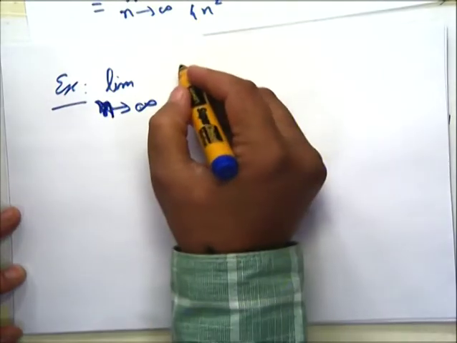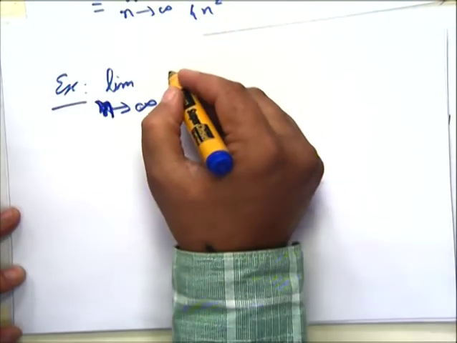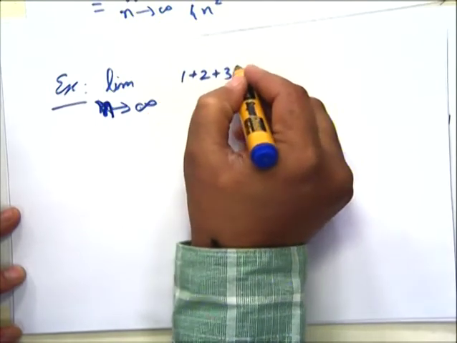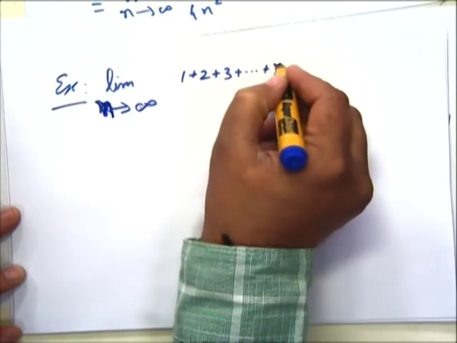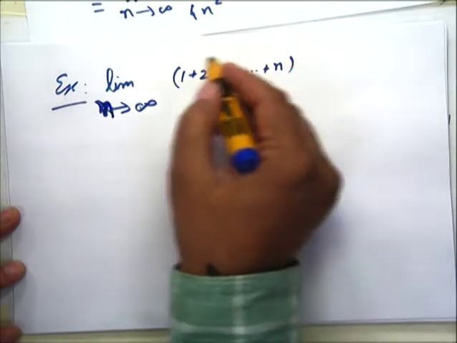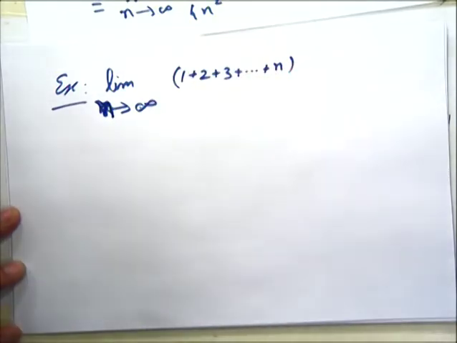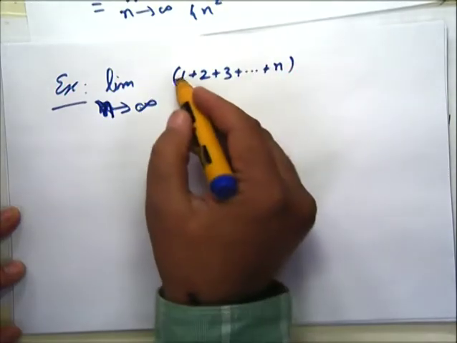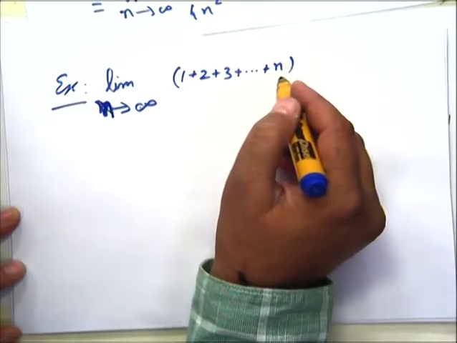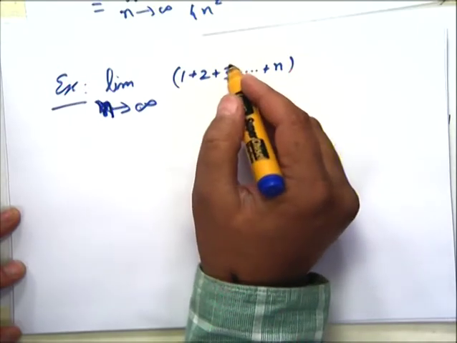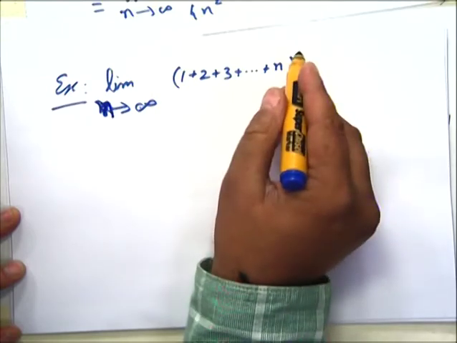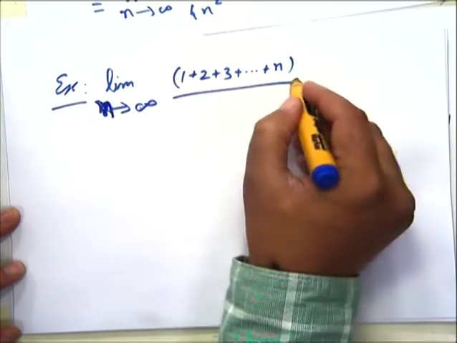I am using the same kind of sequence, that is 1 plus 2 plus 3 up to n. Previously, the summation of 1 plus 2 plus 3 up to n was n by 2 into n plus 1. So, in the formula, n square was the key thing, so I have to use n square here.